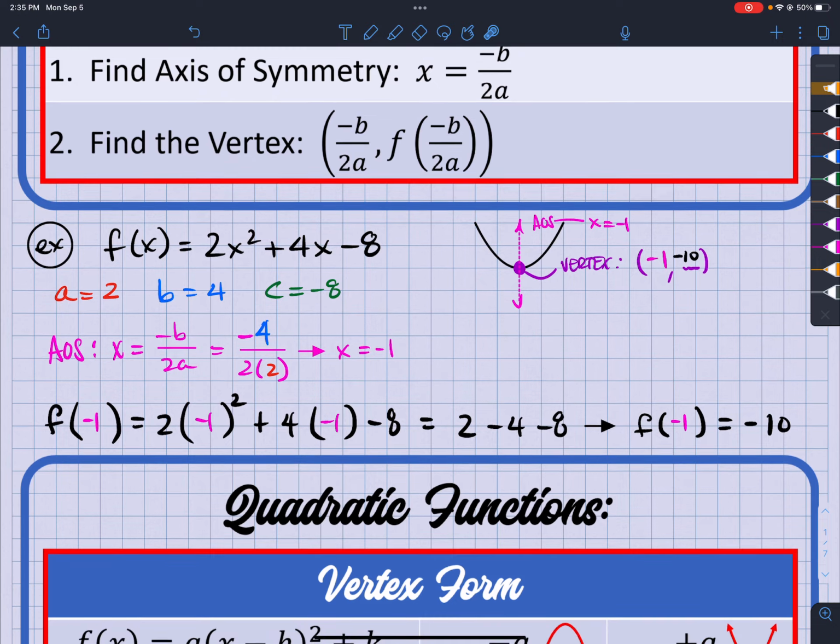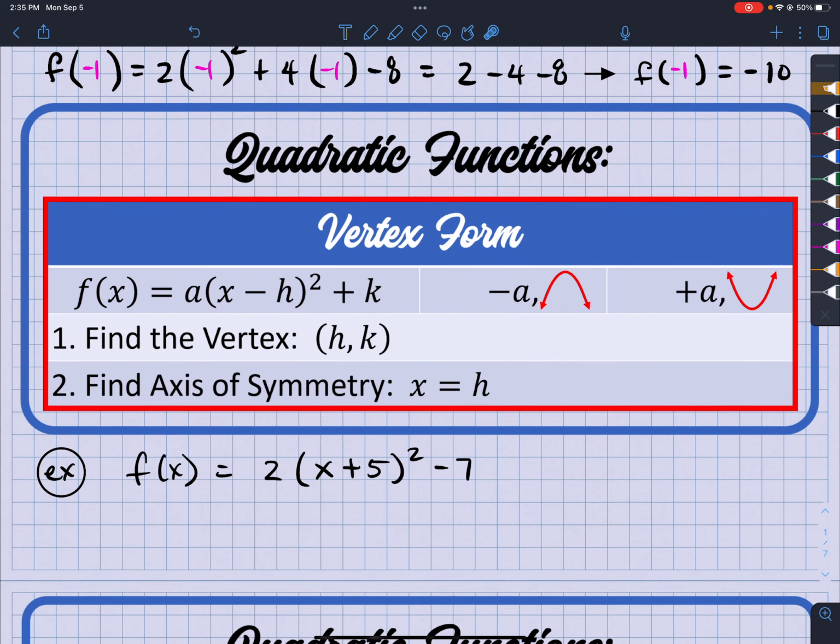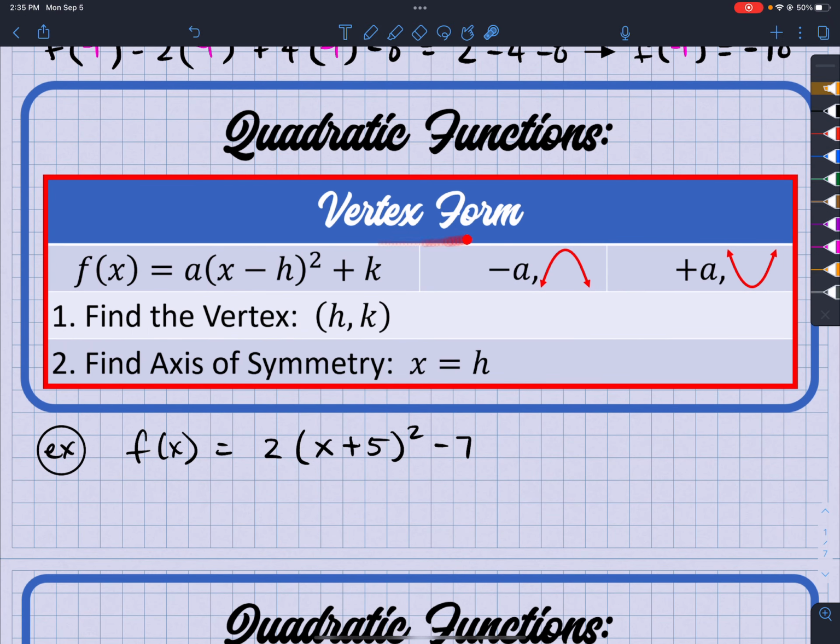The other form that we're going to introduce you to is called the vertex form. If you notice, the form is very different. It's a times x minus h squared plus k. Notice that this is a minus h and this is a plus k, but the vertex is still (h, k). In other words, the h is going to be the opposite sign.